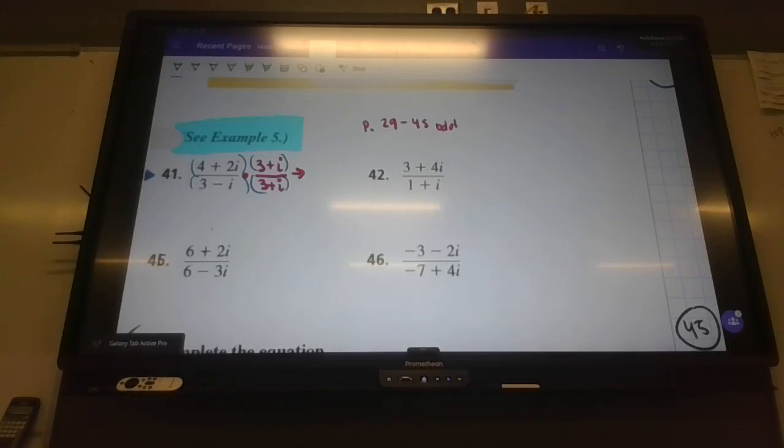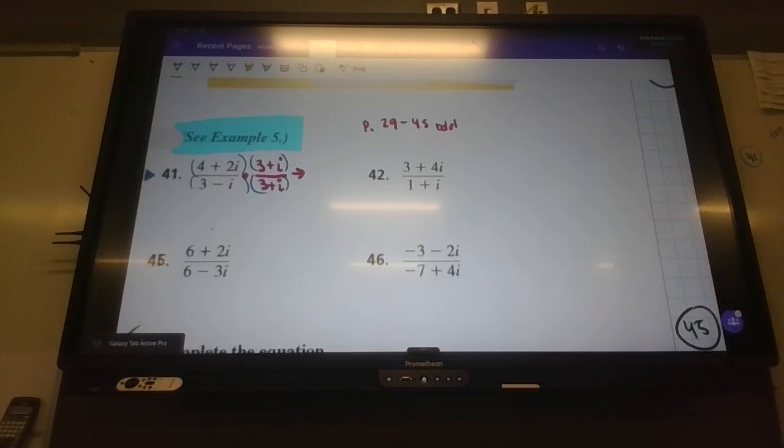Yeah, my bad. Right, the bottom. Absolutely. Which part? All of it. Draw the box. This is 41.